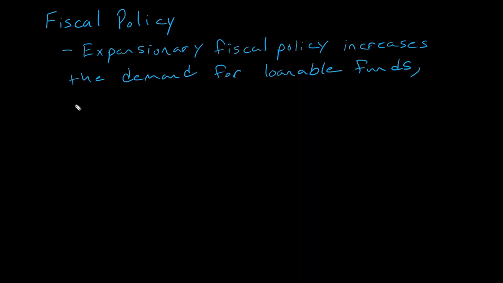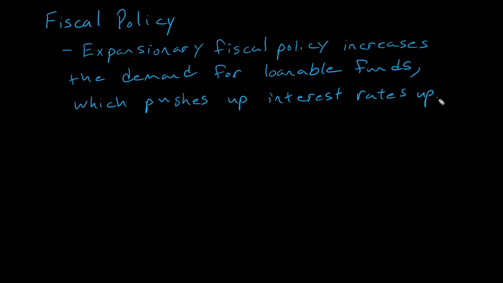And so that's going to push interest rates up. Right, so interest rates, that's the price of a loan, right? And so the more people wanting a loan, the higher price that you can charge, right?